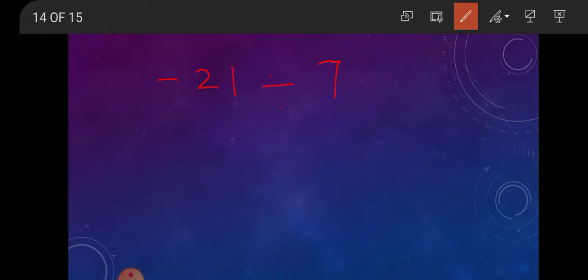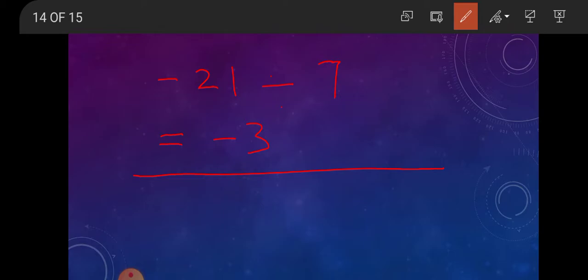So -21 divided by 7 gives us -3, because in multiplication a negative multiplied with a positive gives a negative. In the same way, we follow the same rule in division: a negative divided by a positive gives a negative. So -21 divided by 7 will give us -3.